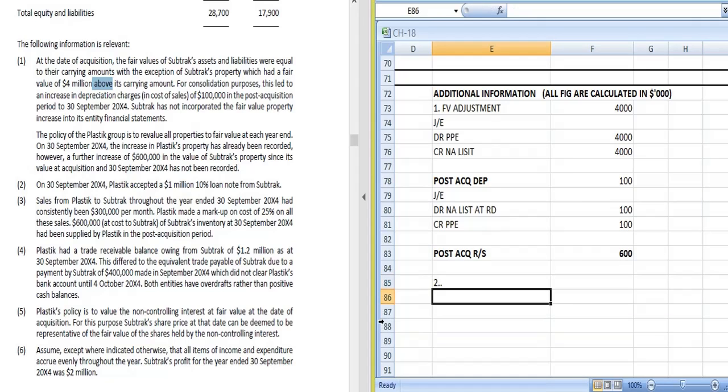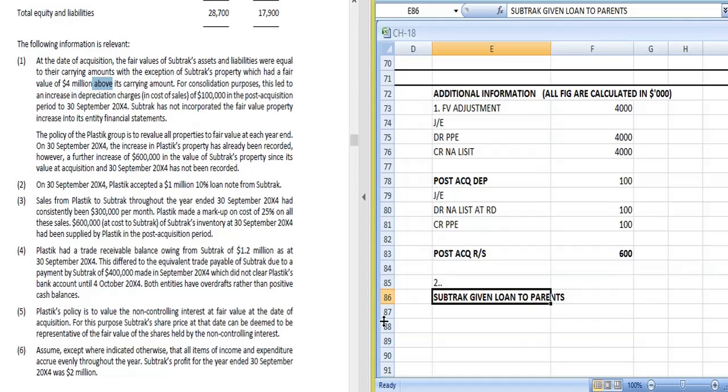On 30 September 2004, Plastic accepted 1 million loan, 10% loan note from subtract. Okay, it means subtract given loan to parents. So one thing I would like to say here, if at the date of acquisition, parent or subsidiary have given loan, in that case we won't cancel it out.